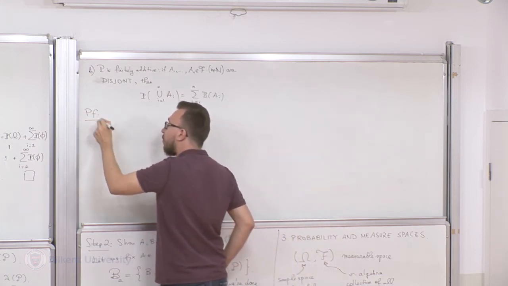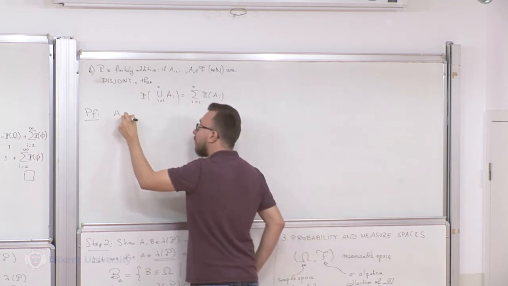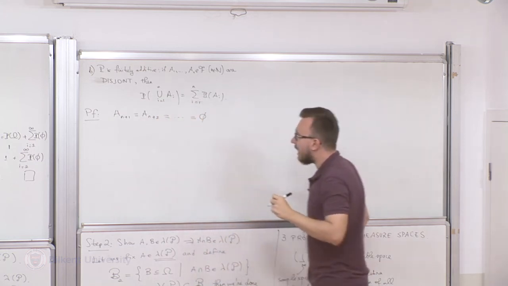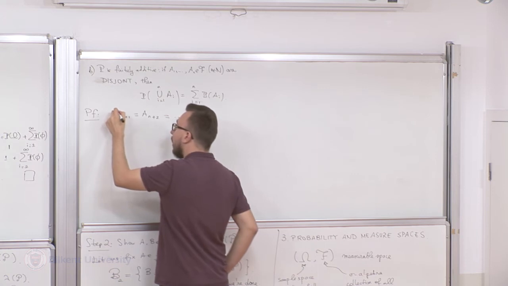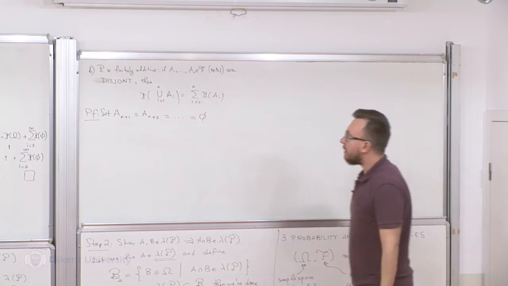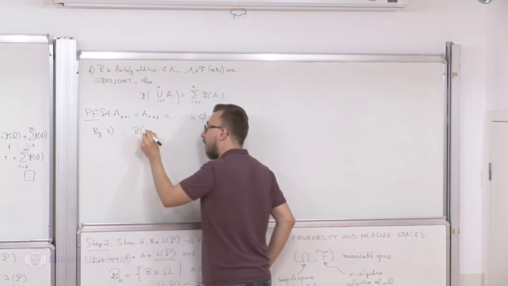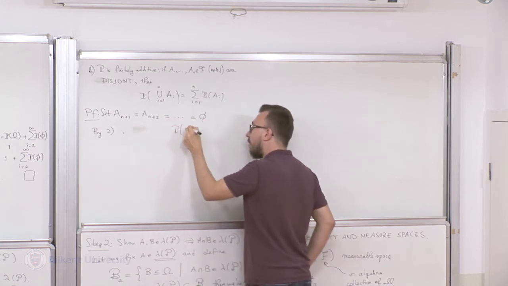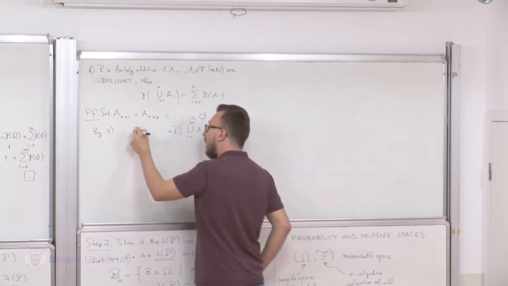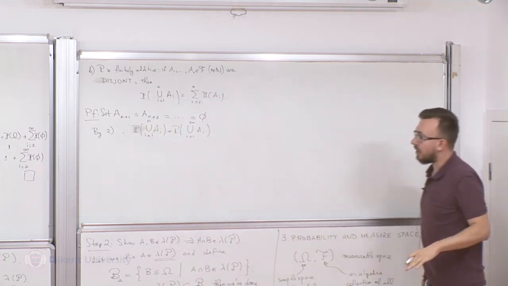And now for the proof of this, well, we have A1 to AN. All we have to do is to pick A_{n+1}, A_{n+2}, etc. And we can just set them to the empty set. And using A, we know that the probabilities of them are 0. So by 2, the probability of the big union from 1 to infinity of A_i is the same as the probability of the union from 1 to n, because the rest are just empty sets.